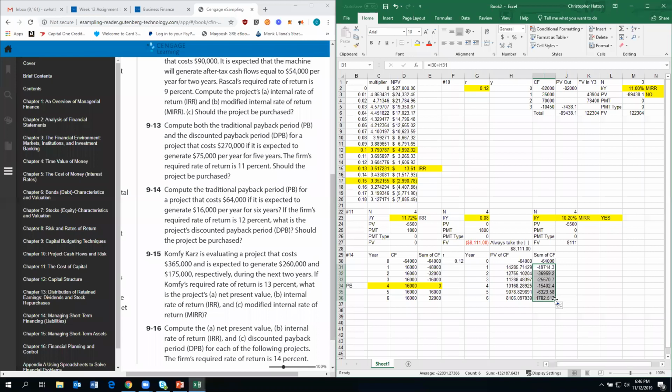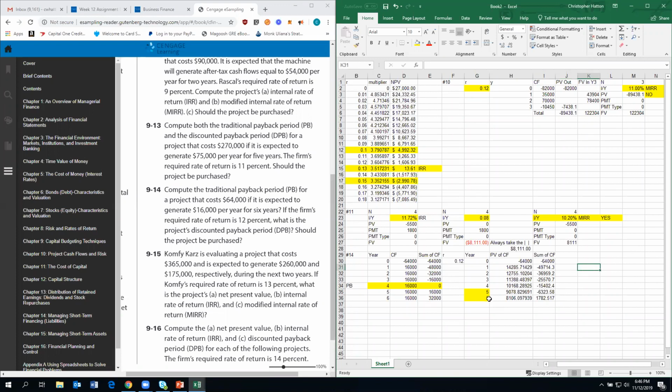So we know that our break-even period is in between year 5 and year 6 because we go from negative to positive, but to figure out exactly what our discounted payback period is, we do a calculation. So we know we have 5, so it's going to be greater than 5 and less than 6.